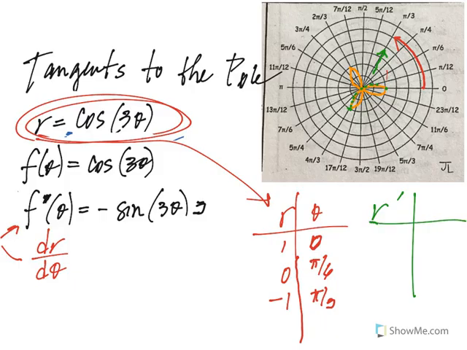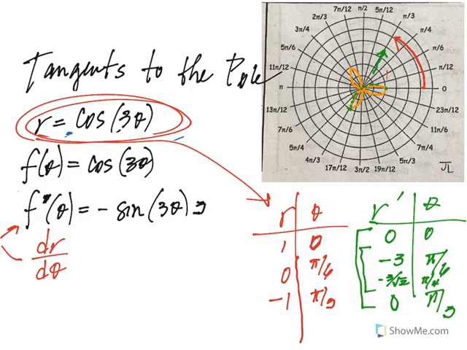All right, now if I take a look at my r prime theta table, I'll do that here, and I increase from 0 all the way to pi over 3, you can see that these two values in here are going to be negative. That is, every r prime value from 0 to pi over 3 is negative except at the very end points where the change in r with respect to theta is 0.